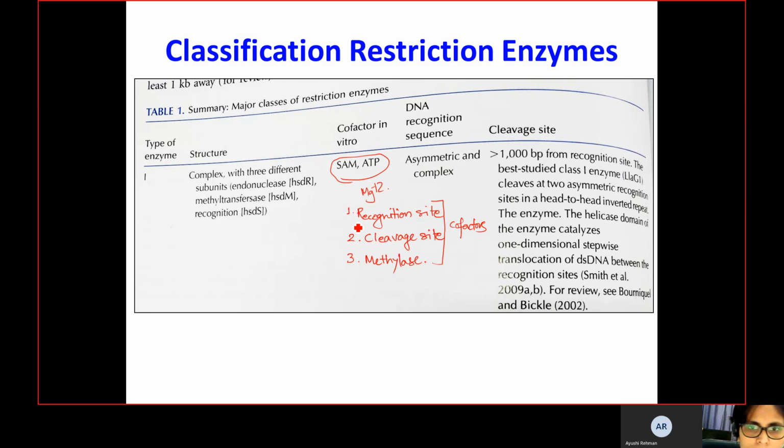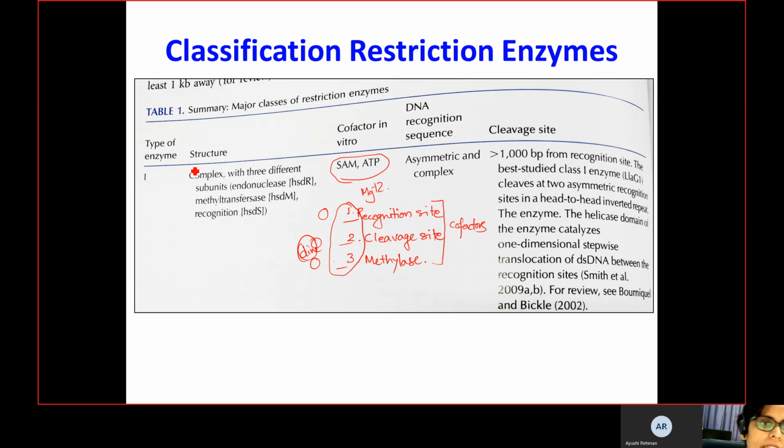All these complexes, for example, the recognition site, cleavage site, or methylase domain, can be present in one complex having all the necessary activities, for example, endonuclease activity, cleavage activity, or recognition activity, or they can be present independently or in terms of dimers.